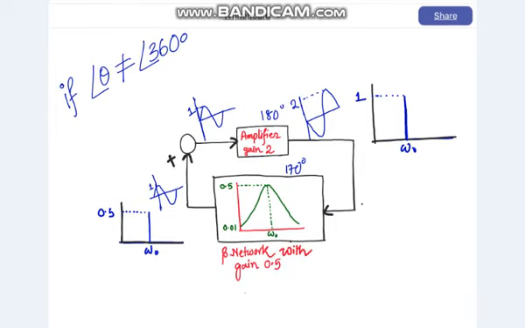Now let us see why the phase condition is also important. Let us assume the phase condition is not satisfied by the frequency of interest. So the angle theta, that means the angle of A beta, is not equal to 360 degrees or a multiple of 2 pi. Let us assume that the amplifier has a phase change of 180 degrees and the beta network has a phase change of 170 degrees.